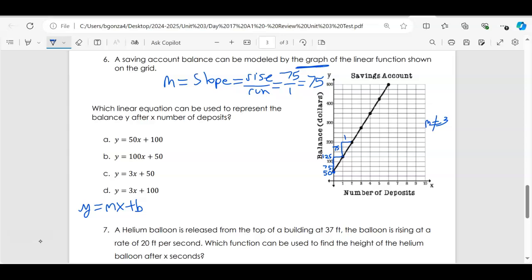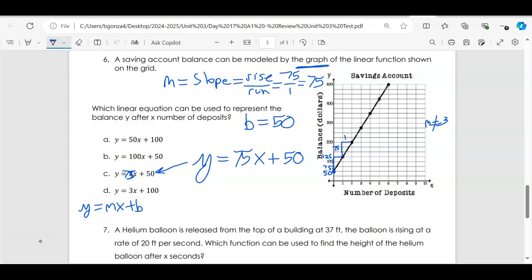And then your y-intercept right here, it crosses at 50. So your b value, y-intercept, is 50. So we can write it as y equals 75x plus 50. So that answer is going to be right here.